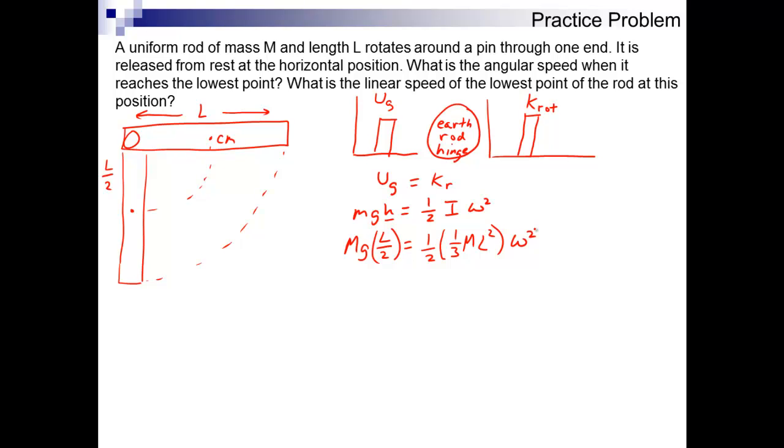If we solve this equation, we notice that the m's cancel, one of the L's on each side cancels, the 1/2s cancel. And we get an equation of omega is equal to the square root of 3g over L.